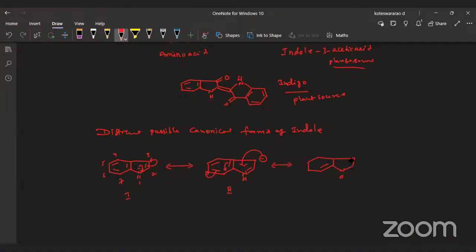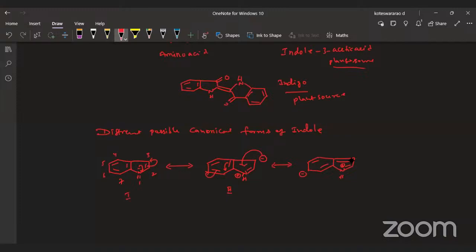Here the nitrogen carries the positive charge because it is donating the lone pair of electrons to the ring. Here the carbon-nitrogen double bond is there, and here it carries the negative charge.